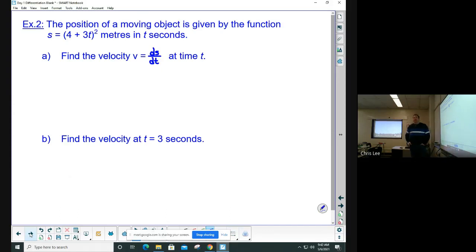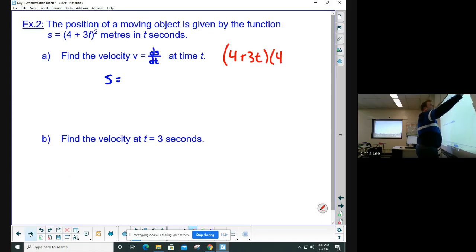What we want to do is make our question look as easy as possible. So I'm actually going to rainbow this function. 4 plus 3t squared is 4 plus 3t times 4 plus 3t. So I'm going to rainbow it, make it a little bit more user-friendly.